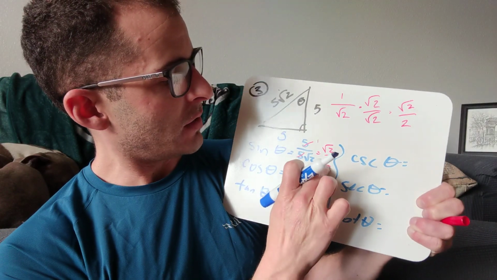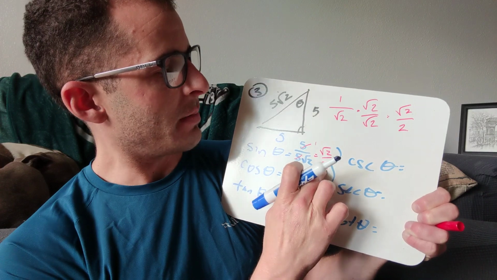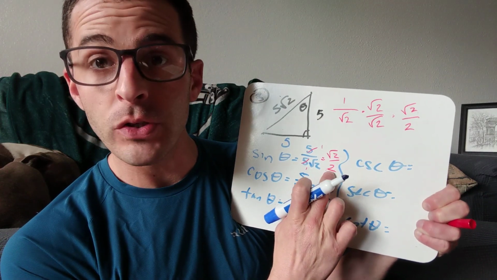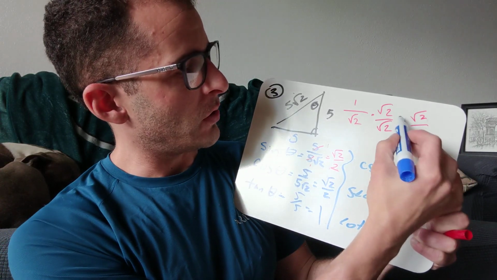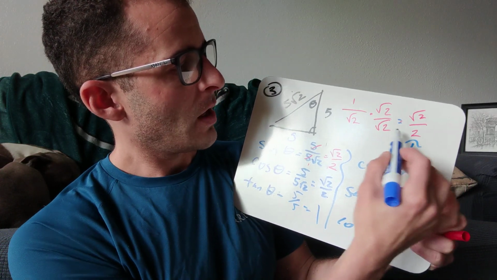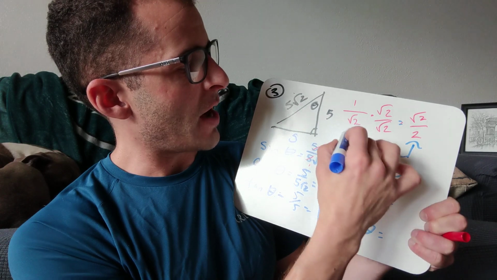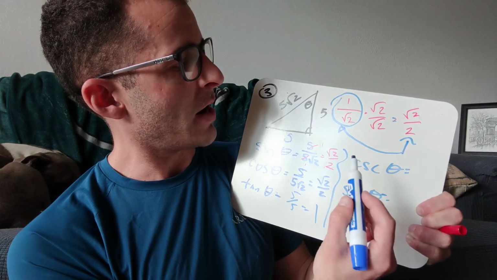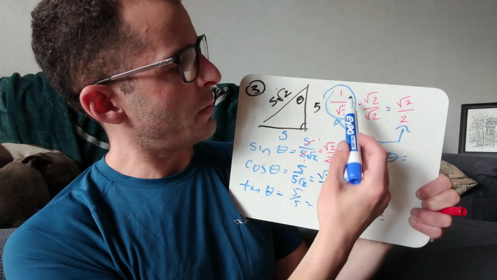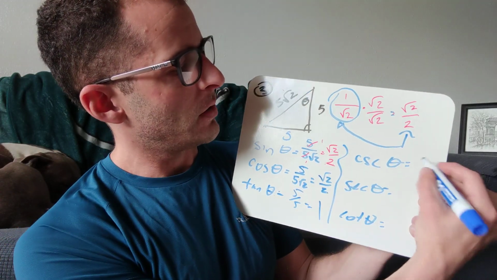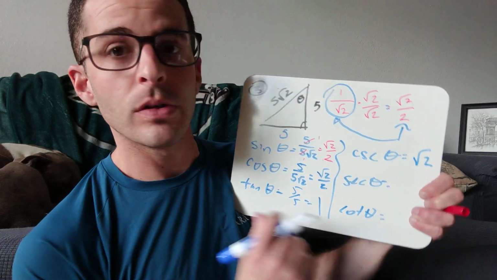So I could take the reciprocal of this, but I'm going to have to do some rad 2 over rad 2 stuff. Let's see if I can skip that. So rad 2 over rad 2, that's up here, right? Before I simplified it, this is what I had, right? This is what I had to rationalize. So what's the reciprocal of 1 over rad 2? Well, it's just rad 2 over 1.